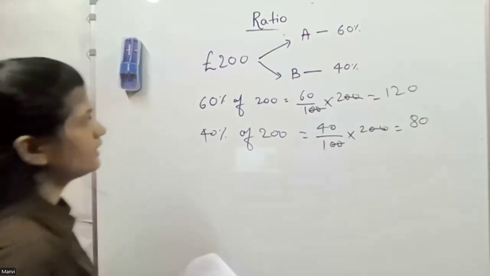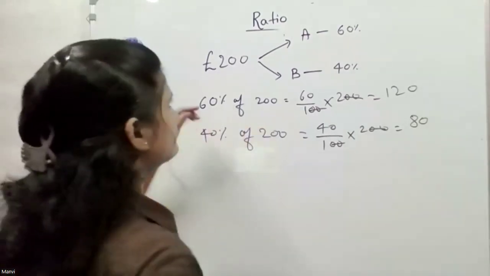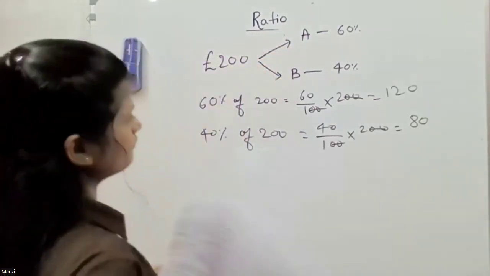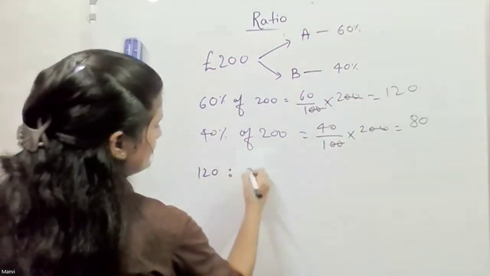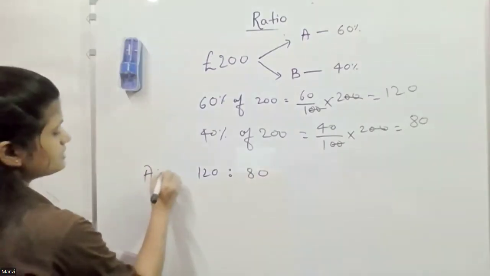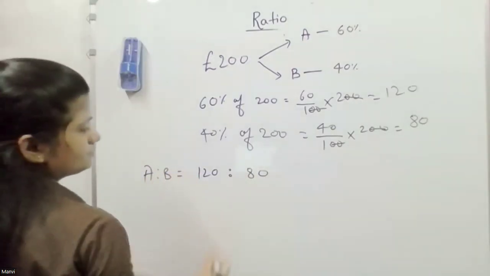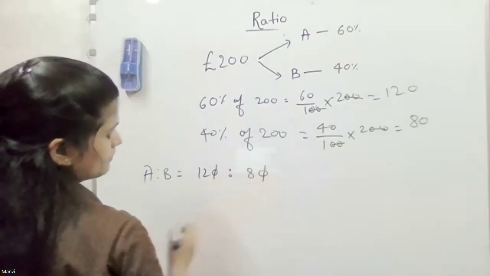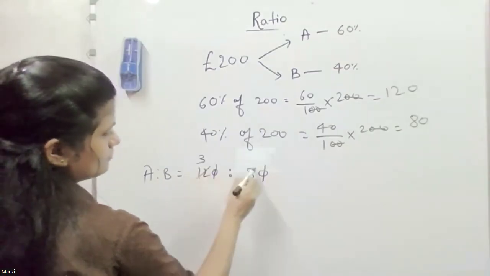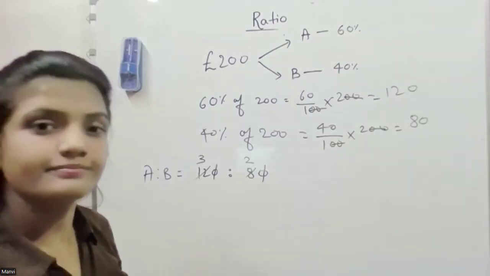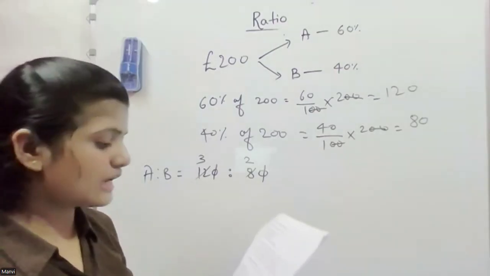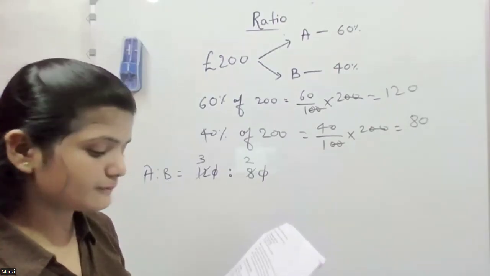Now the ratio of A to B will be 120 ratio 80. We can simplify into 12 by 8, and then into 6 to 4, or you can simplify into 3 ratio 2. Now try question number 9, please.